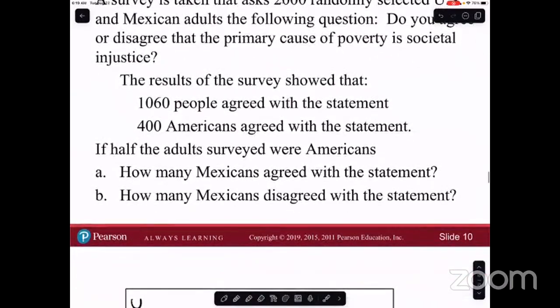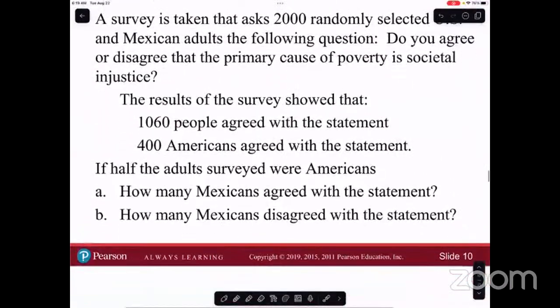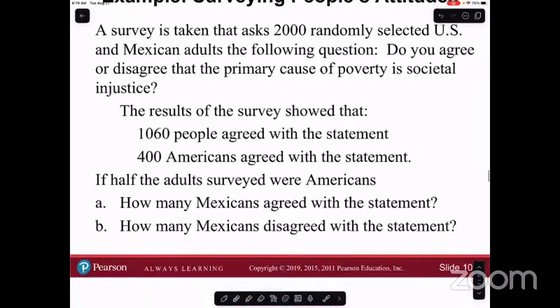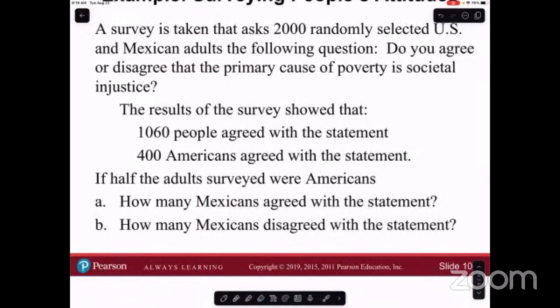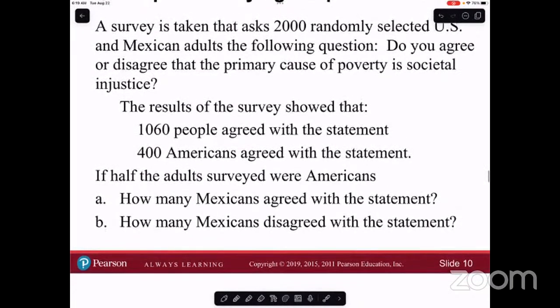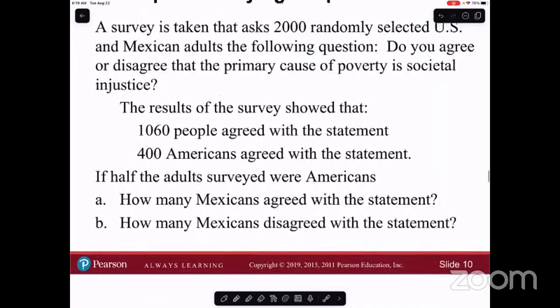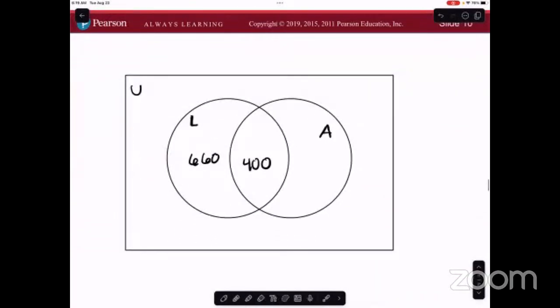It says half the adults surveyed were Americans. We have 2,000 US and Mexican adults asked the question, so the total number of Americans should be 1,000. That means the number of Americans that did not agree is 600 in this region.